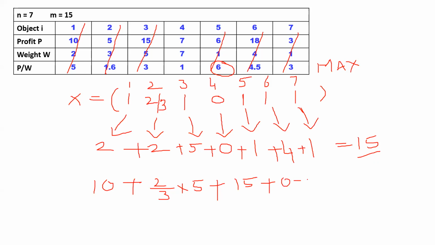Fifth item, the profit is 6. Then the profit is 18. Then the profit is 3. Right? So 10, 25, 31, 41, 49, 52, plus 2 by 3rds of 5, maybe around 53 or 54, you'll get the profit. So this is your knapsack problem.